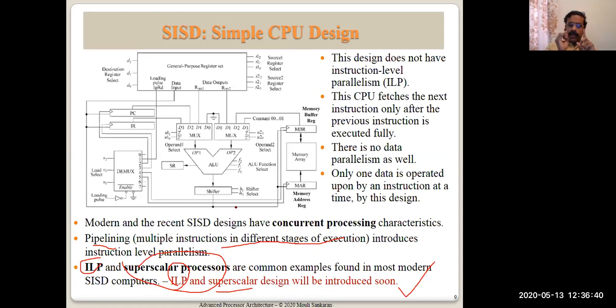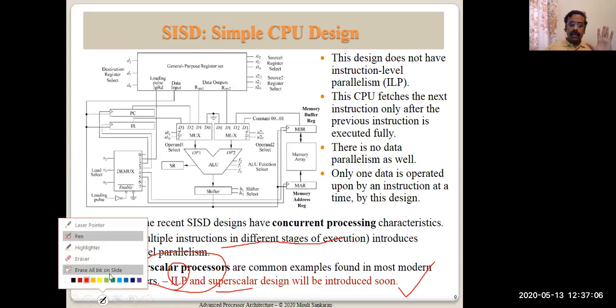If there is just one single pipeline, it's an instruction level parallel processor. So ILP has a single pipeline, superscalar has multiple pipelines. Inside a pipeline, multiple instructions will be there. So keep it in mind. Do not worry if you don't understand it fully.